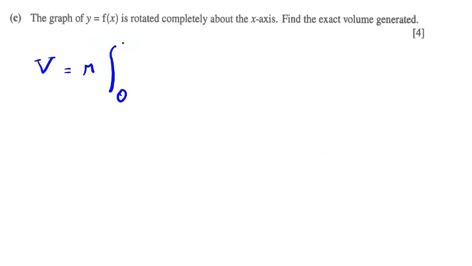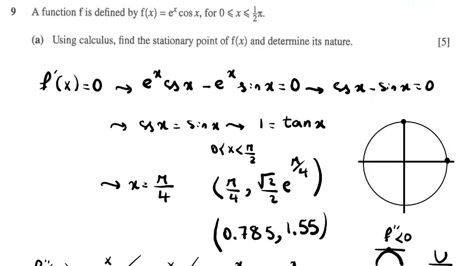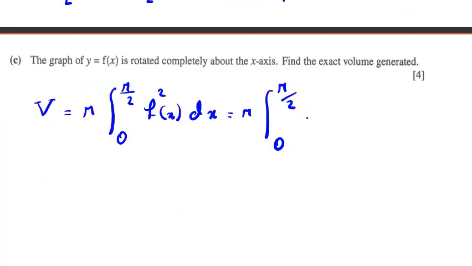So you say from 0 to pi over 2 of f of x squared dx. Now, if we replace, it will be from 0 to pi over 2, where f is e^x cos x. So we place e^x cos x dx.